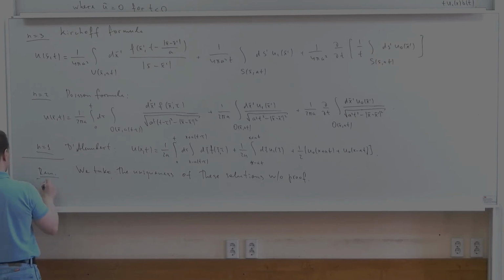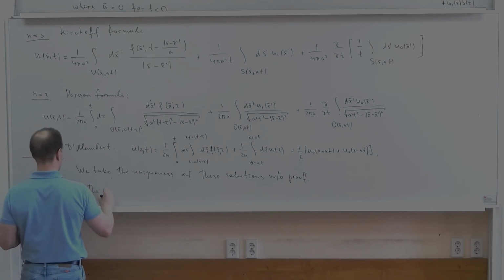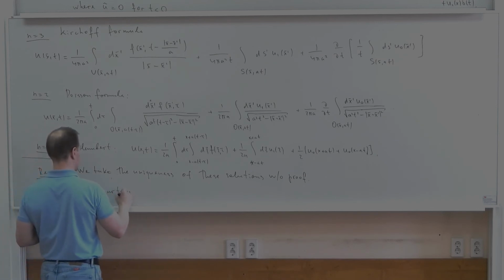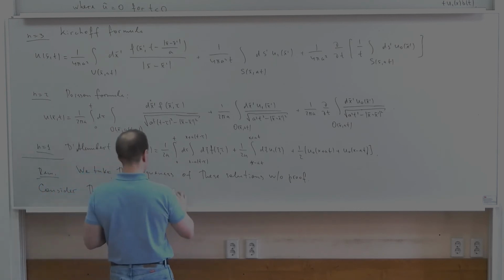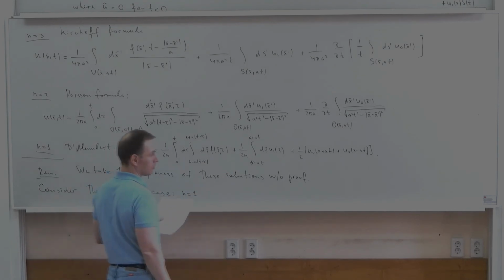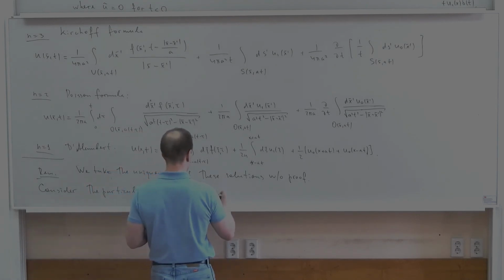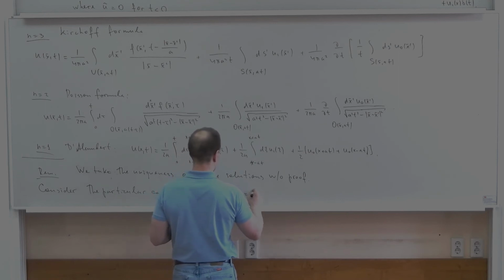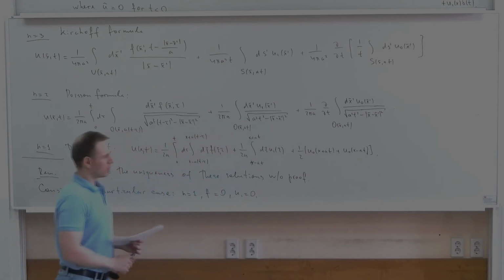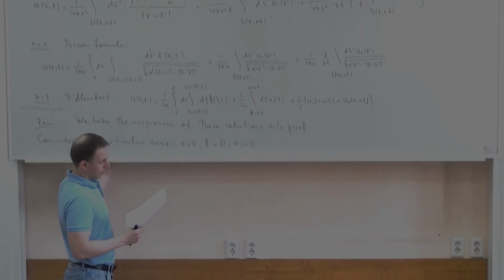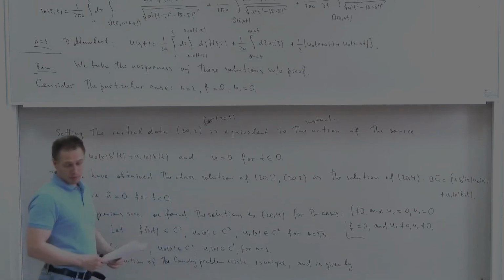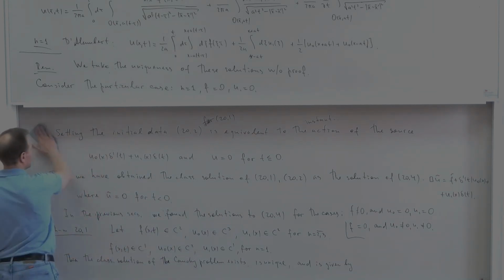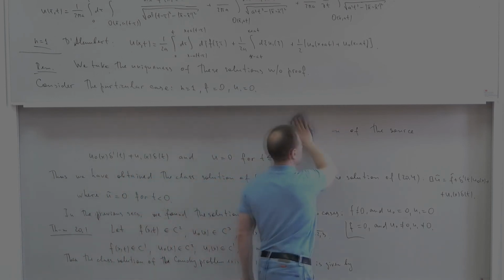Okay, consider a particular case, when n is equal to 1, f is equal to 0, and u1 also vanishes. The formula is reduced to the following form.